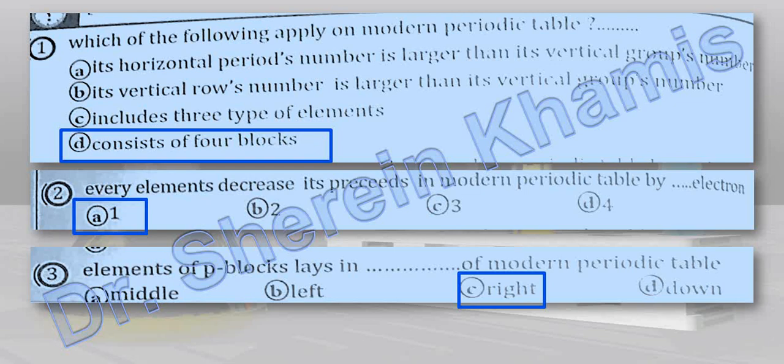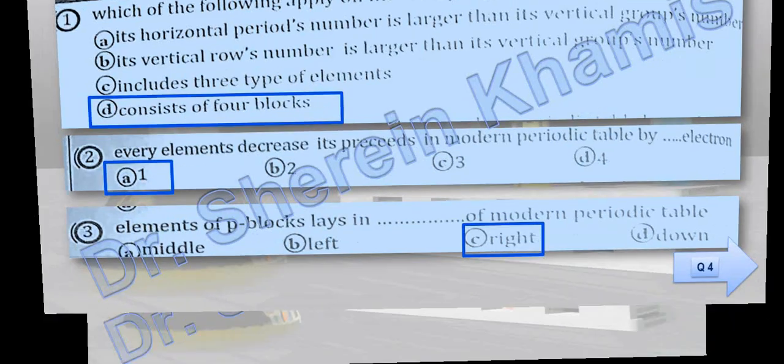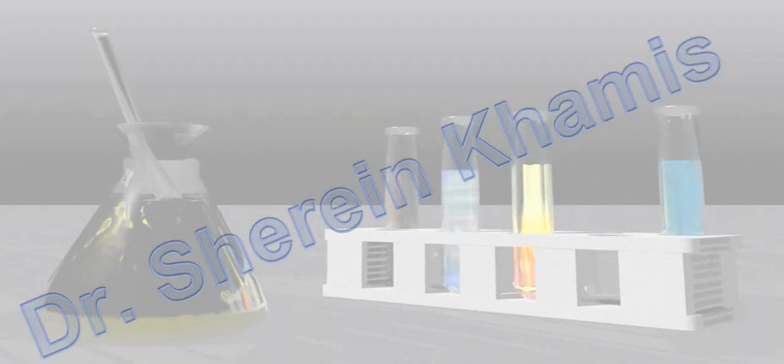Another question, question number 4. This question says that elements of the d block include which vertical columns?